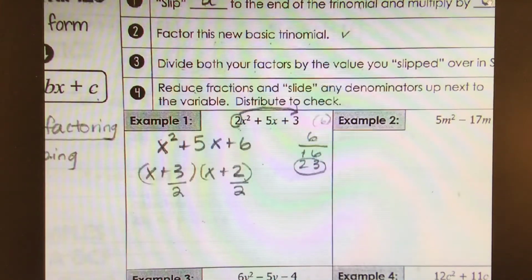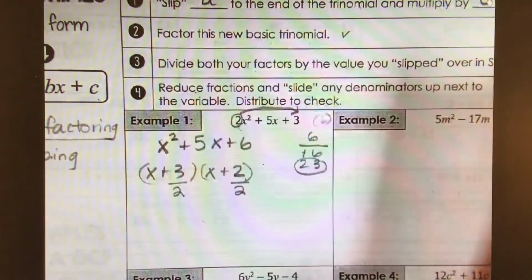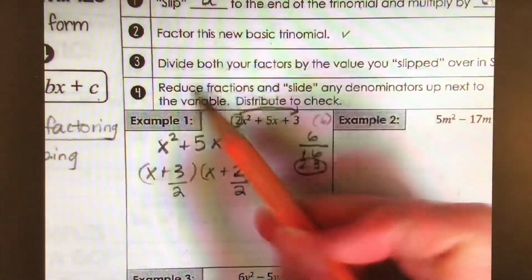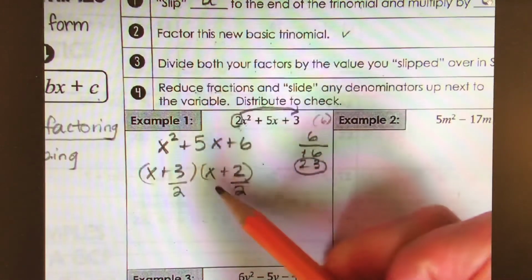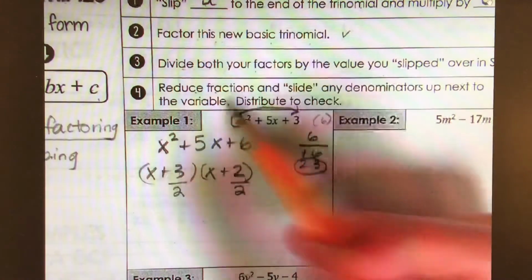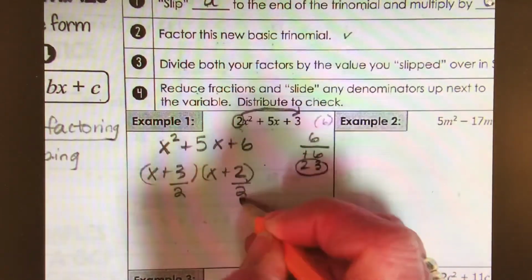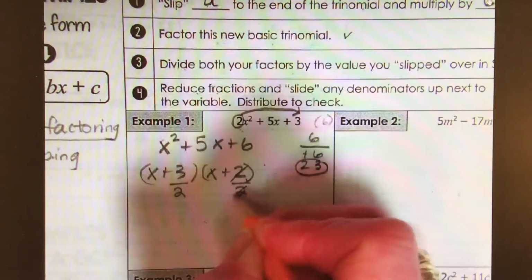Okay. So I did that. Now I have to reduce or simplify these fractions and slide any denominators up to the variable. Whoa, that's kind of weird. Well, first of all, can I reduce or simplify 2 over 2? Well, yeah, that just becomes 1.